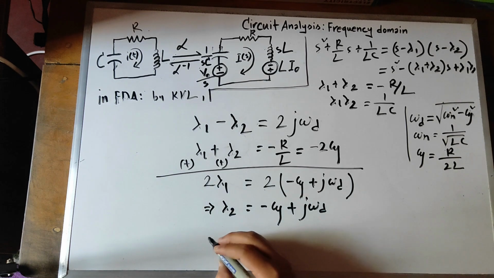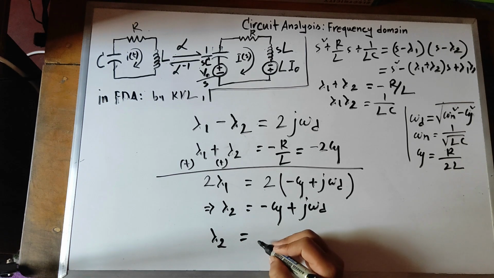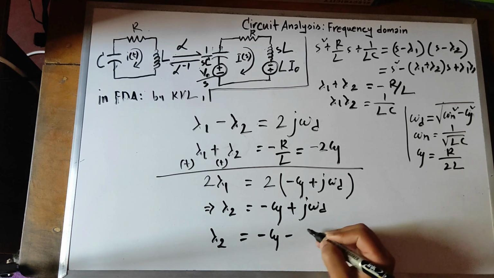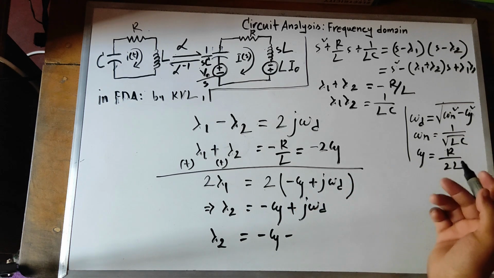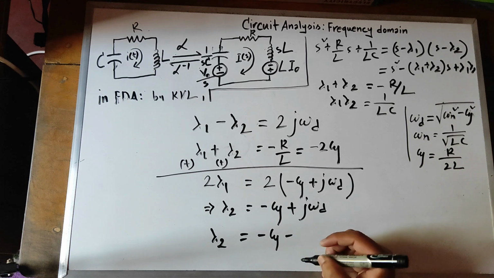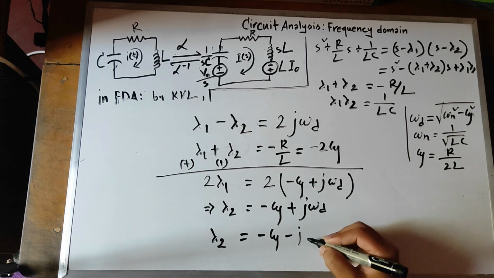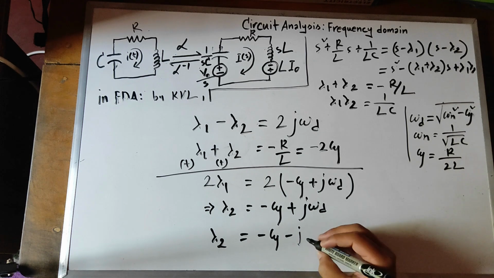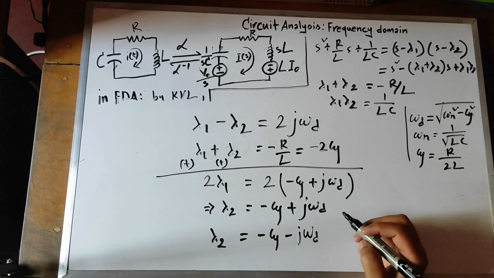And similarly we can get lambda 2, which is minus psi minus j omega d, where psi is the damping factor, generally denoted by zeta. I like writing psi. Omega d is the damped natural frequency of the RLC circuit.